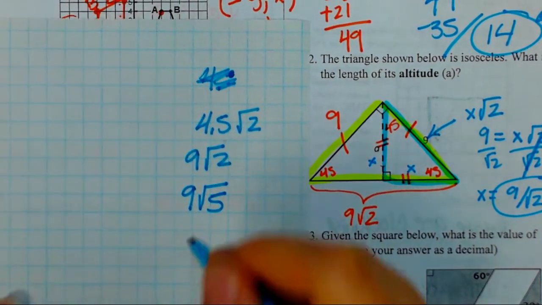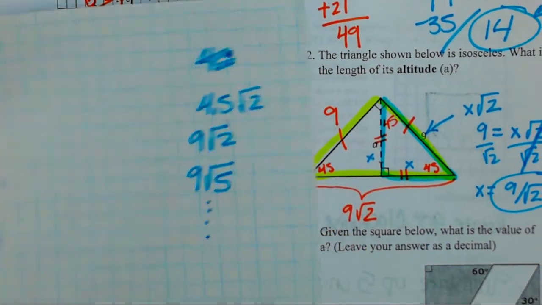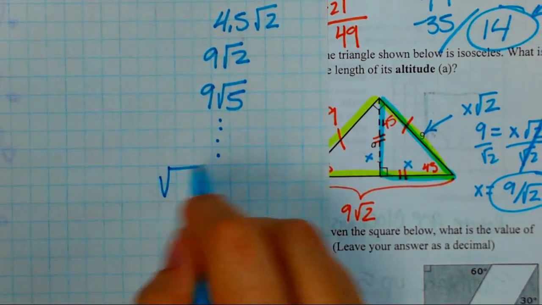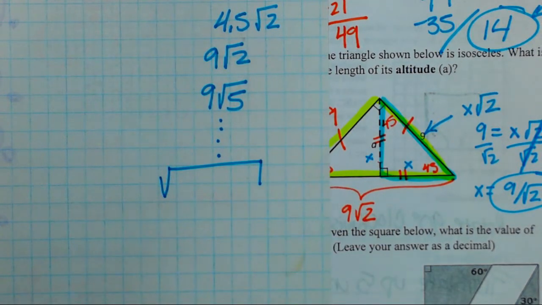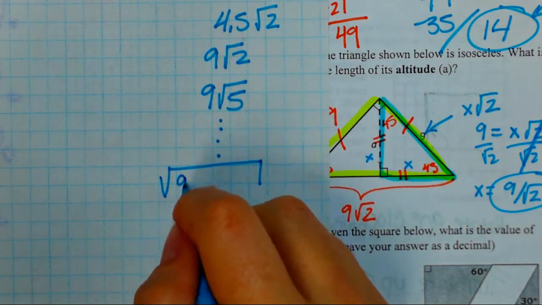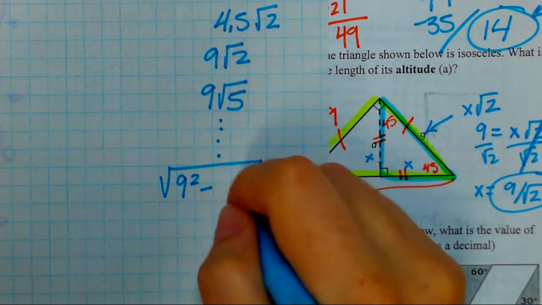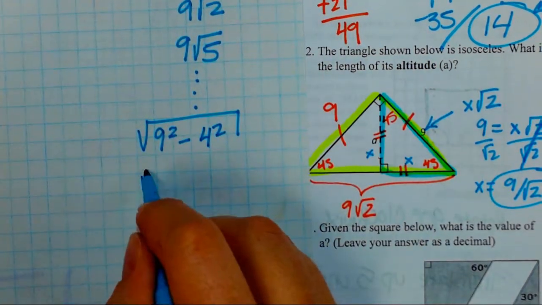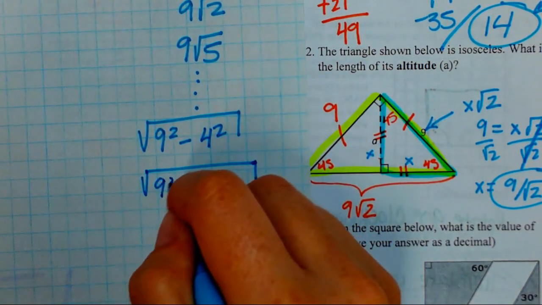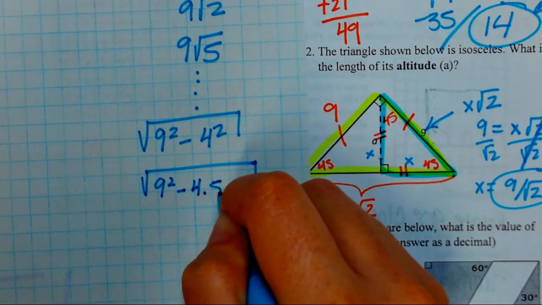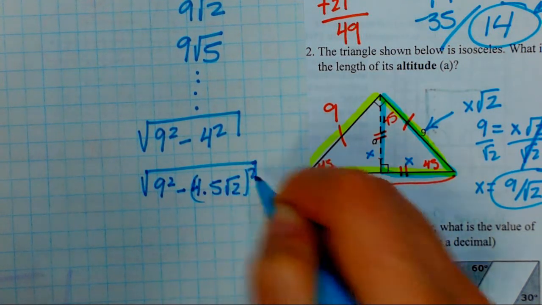You could also have things like the square root of 9 squared minus 4 squared, or the square root of 9 squared minus 4.5 square root 2 squared.